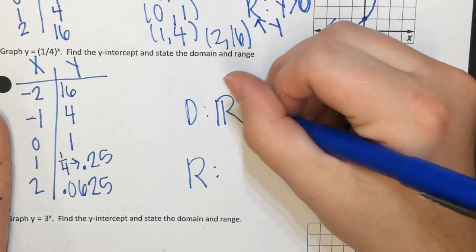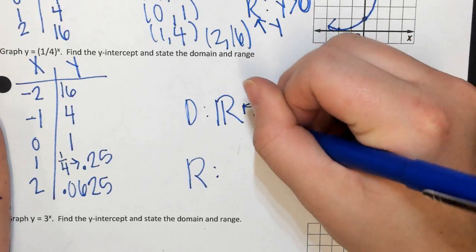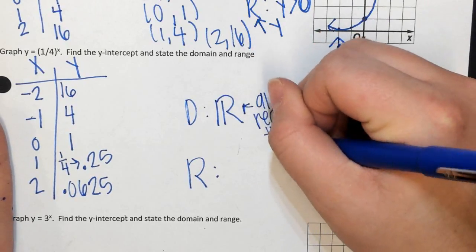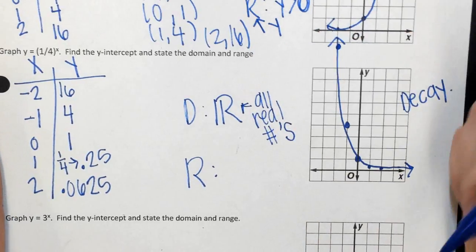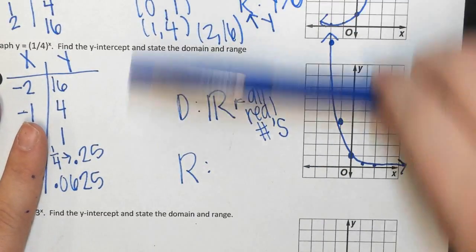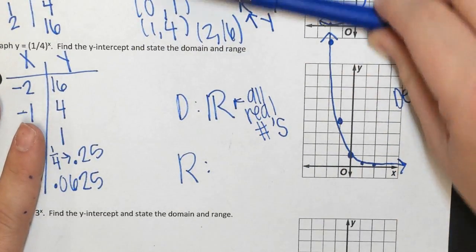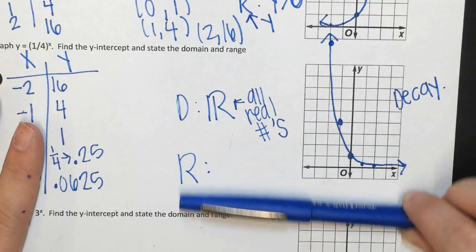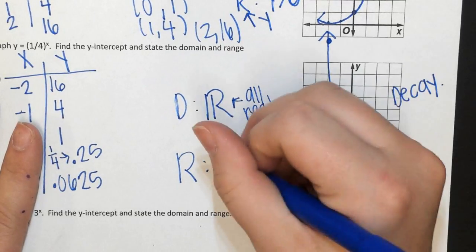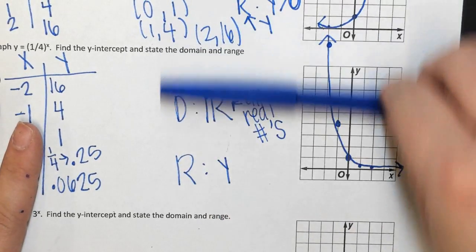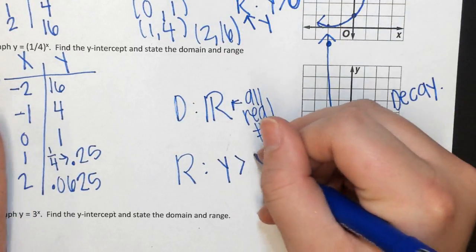If you don't like using that symbol, just use all real numbers. Our range is up and down. It goes up forever and ever. But what does it never go past? 0. So your y stays above 0.